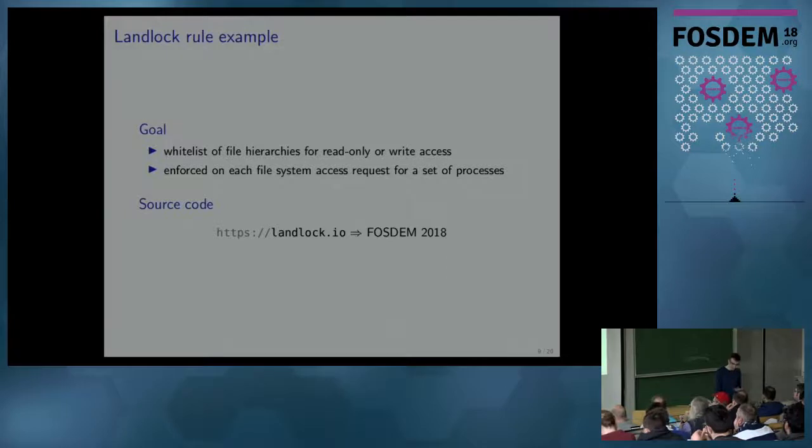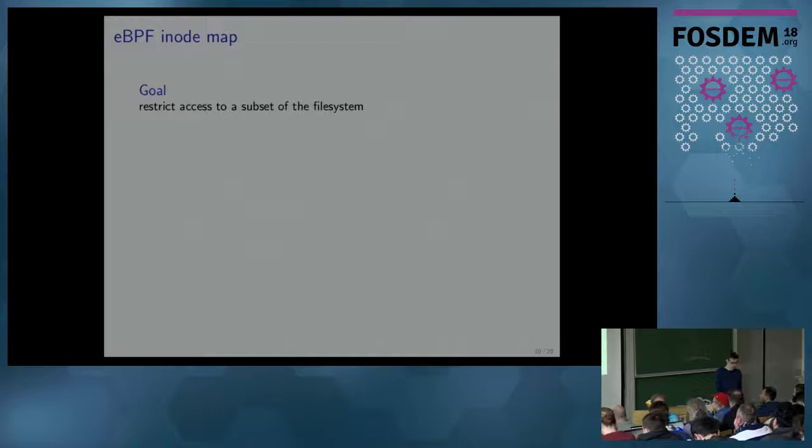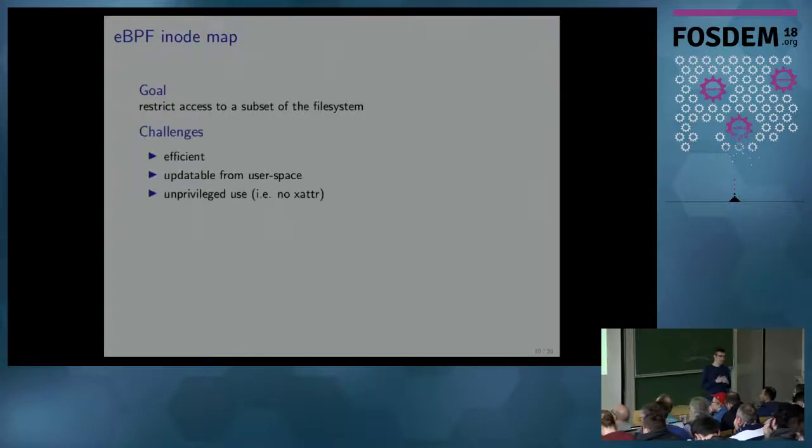So to be able to enforce a security policy on a whitelist of file hierarchies, you first need to create some whitelists. And actually, in the kernel, there's no way to express what is needed for Landlock. So the goal is to be able to list a set of files.